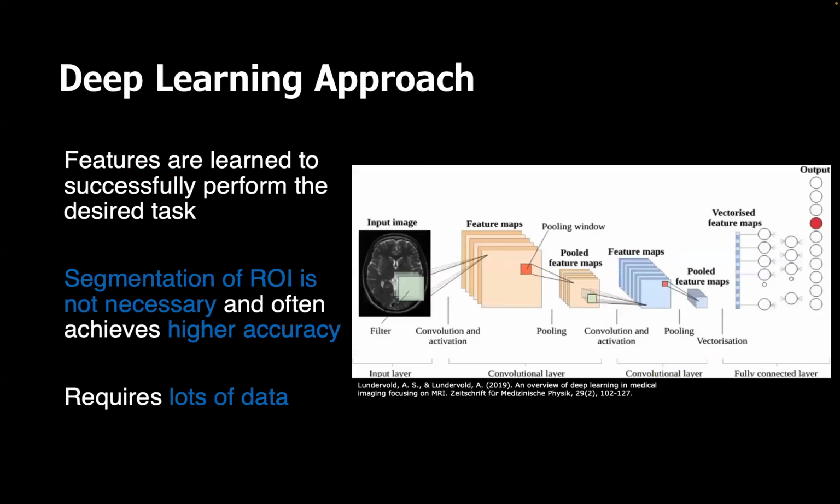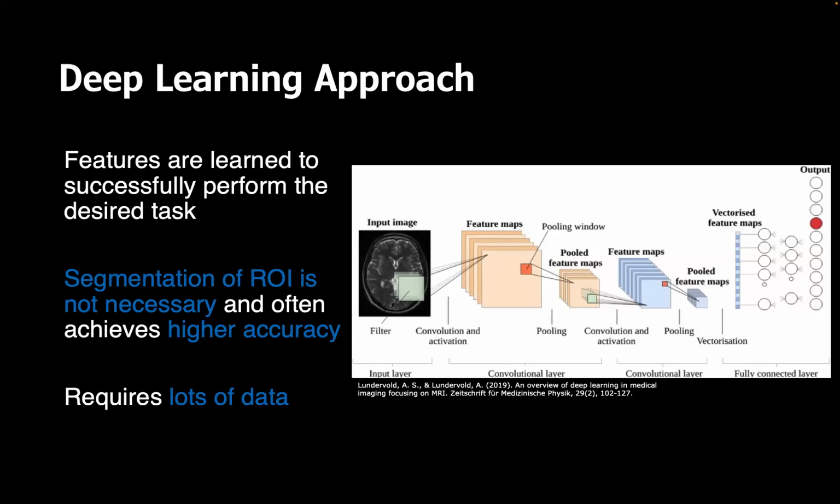You also know deep learning, where we have features being learned to successfully perform the task desired. Segmentation can be part of the task that we want to perform, but one of the benefits is that if we want to classify a brain tumor as having a mutation or not, we might not need to rely on the segmentation.